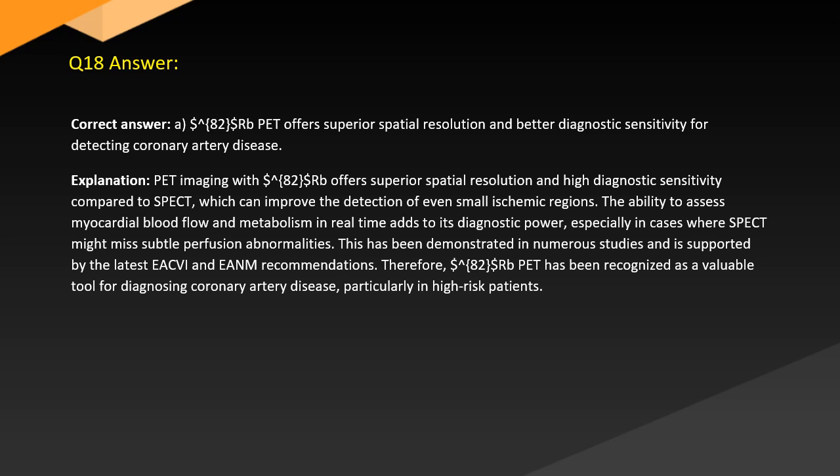The ability to assess myocardial blood flow and metabolism in real time adds to its diagnostic power, especially in cases where SPECT might miss subtle perfusion abnormalities. This has been demonstrated in numerous studies and is supported by the latest EACVI and EANM recommendations. Therefore, 82Rb PET has been recognized as a valuable tool for diagnosing coronary artery disease, particularly in high-risk patients.